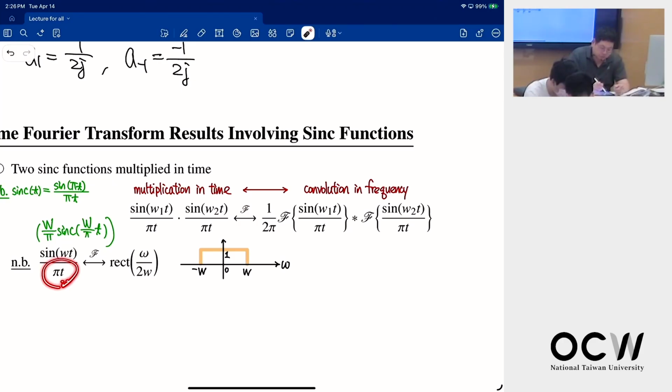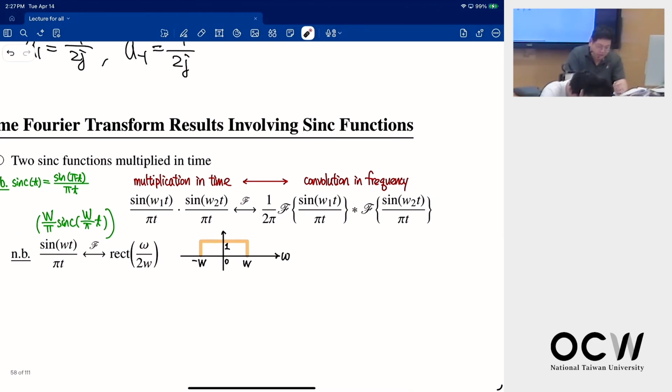So if you want to write it down, the sinc function is like this. You can derive it. Not that hard. I just did it. So you can do it by yourself. If you can't express this fraction in terms of the sinc function, just let me know.